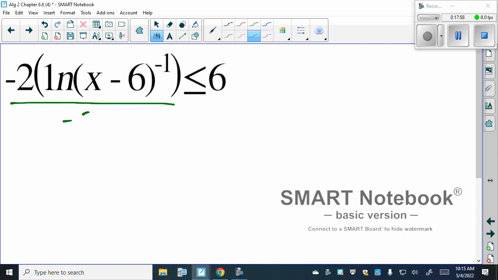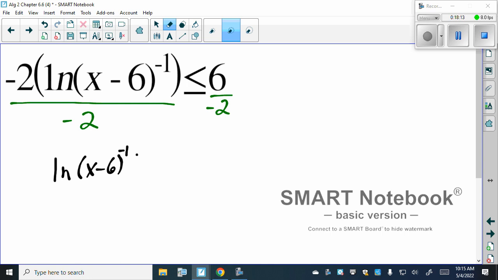Yeah, let's divide both sides by negative 2. If we divide both sides by negative 2, we get that the natural log of x minus 6 to the negative 1 is not less than or equal to, it's going to be greater than or equal to negative 3.